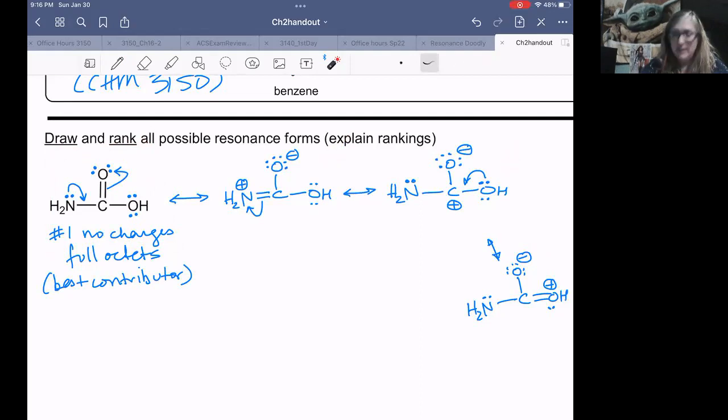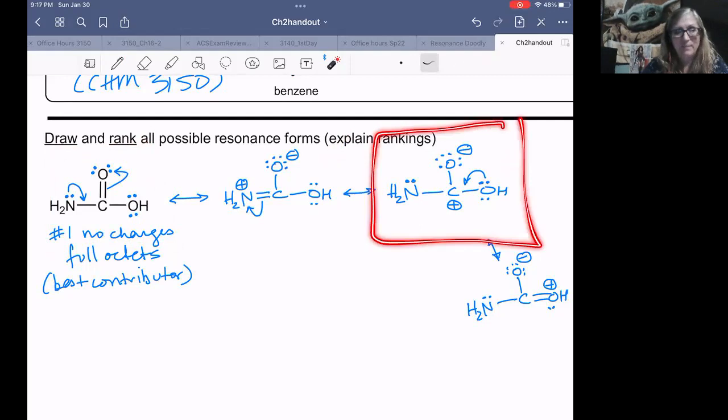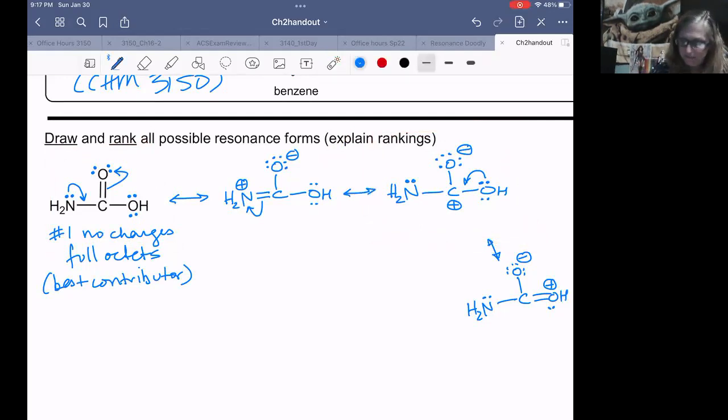Okay, now is there any one of these that looks the worst? Are there any missing octets? That would make it a very unfavorable Lewis structure. Right here, we have a missing octet. Sure enough. So that makes this one, number 4, the worst, because it has a missing octet.